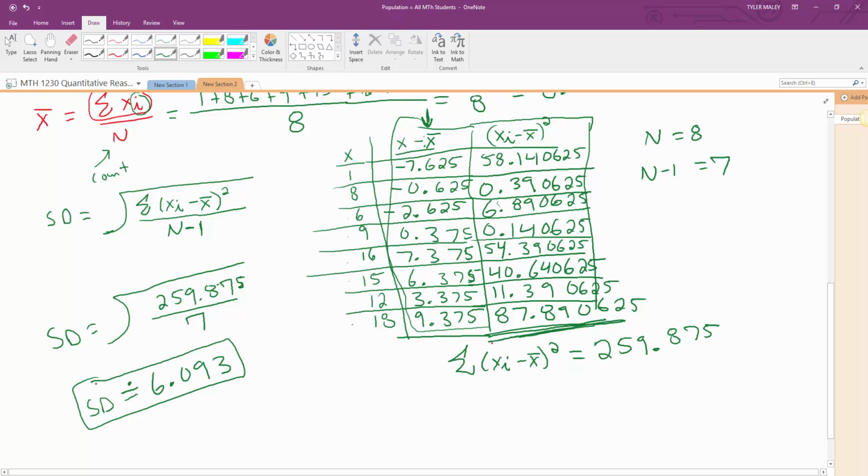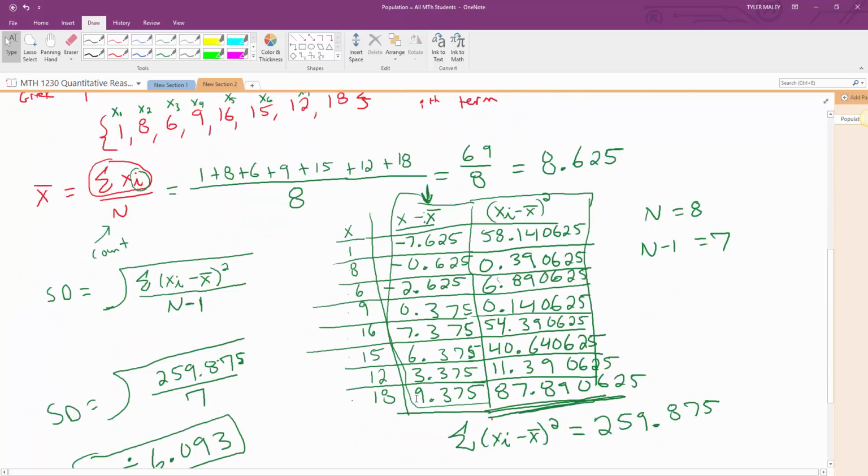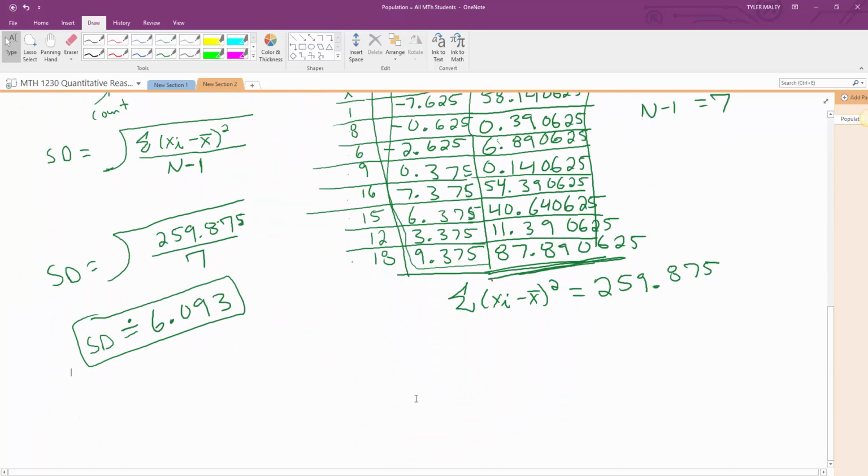Hopefully that helps make more sense of what some of these symbols mean that were presented in the text. Then next I want to focus on the five number summary.